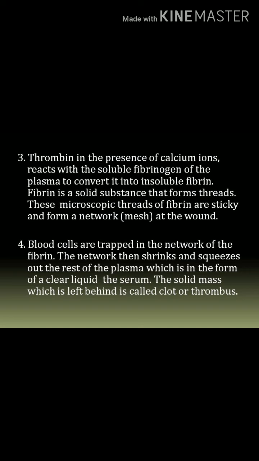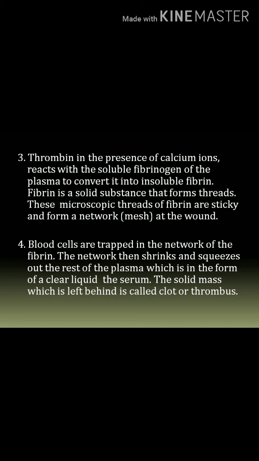Here, the thrombin in the presence of calcium ions reacts with the fibrinogen. It is also present in the plasma. It is a type of protein. Here, the fibrinogen is in soluble form. When the thrombin in the presence of calcium ions reacts with the fibrinogen, it converts that fibrinogen into fibrin. Fibrin is insoluble.